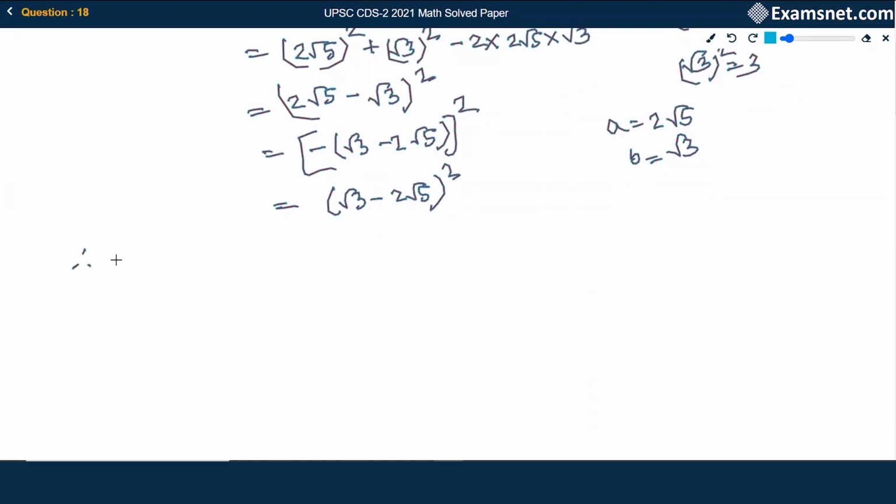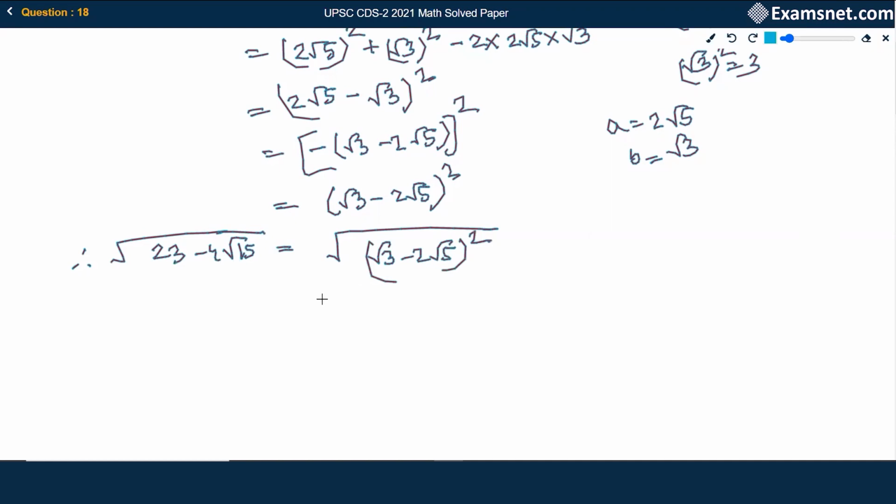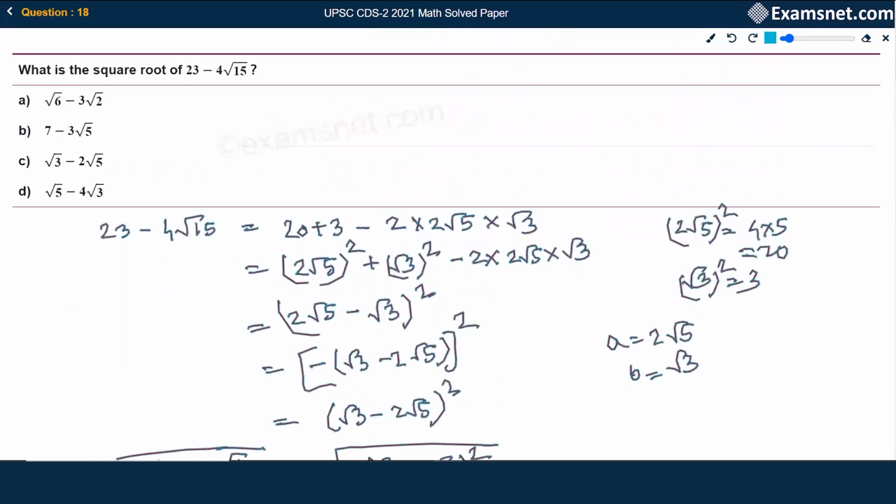Therefore, when we are going to find the square root of 23 minus 4 root 15, instead of 23 minus 4 root 15, we can write root 3 minus 2 root 5 whole square. So it will give us the value root 3 minus 2 root 5. That's the square root of 23 minus 4 root 15. So it matches with option C.